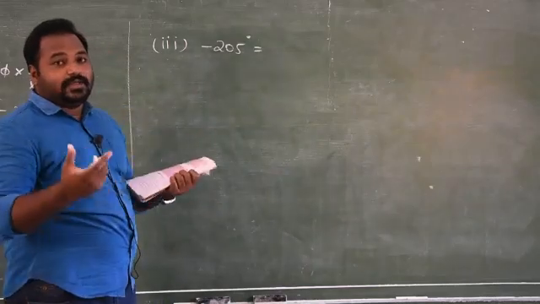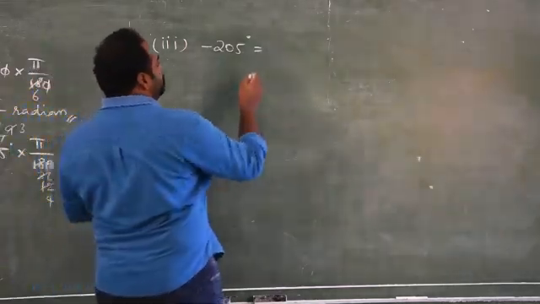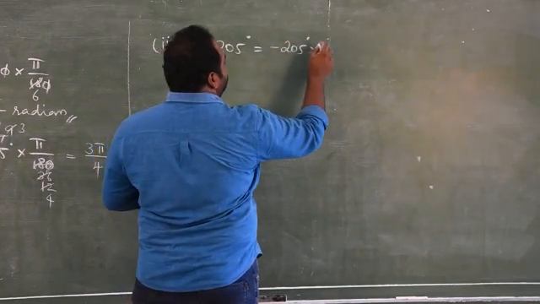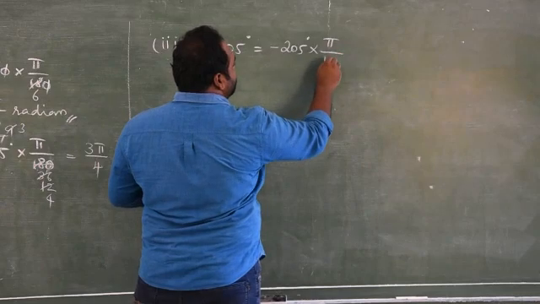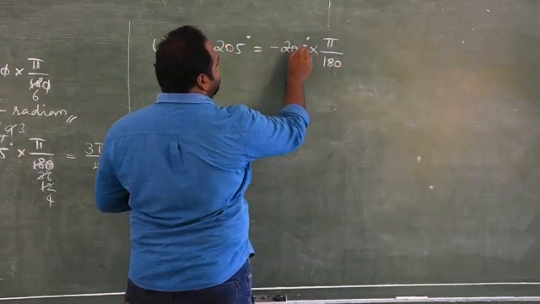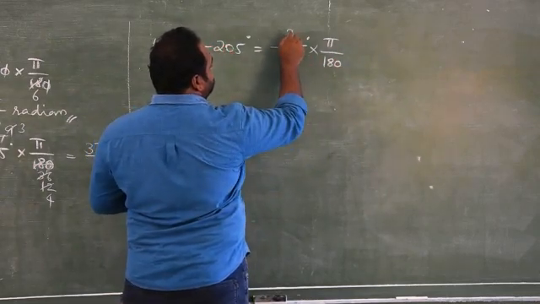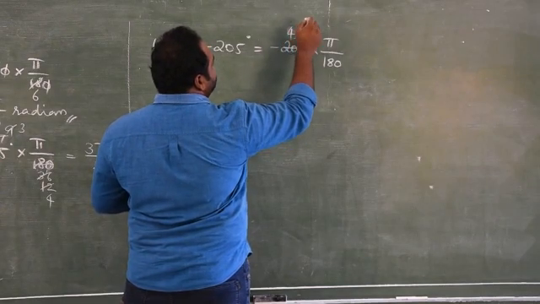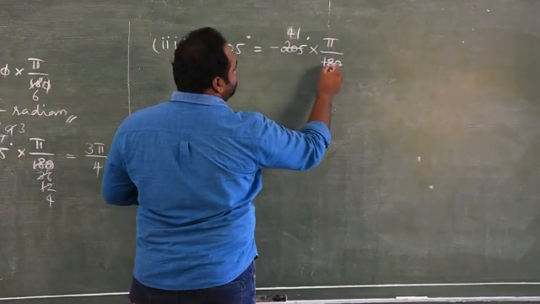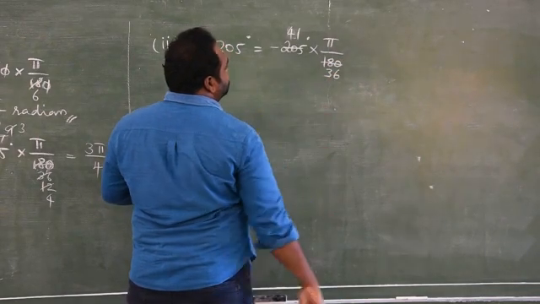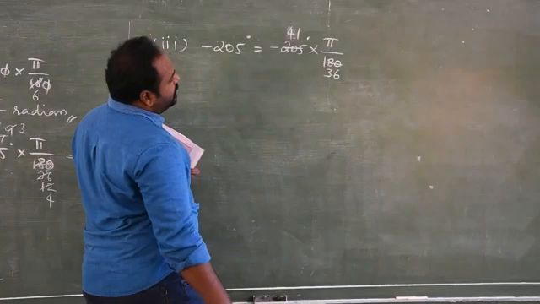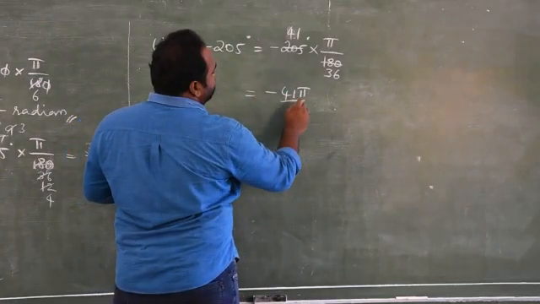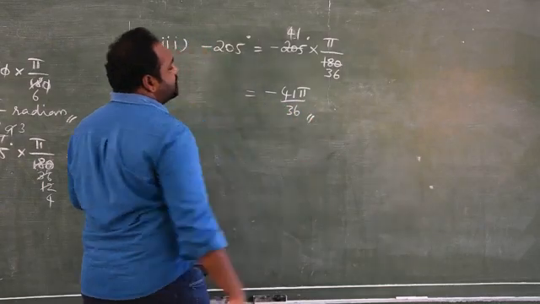Whatever sign you have, you have to put minus. 205 degree into pi by 180. So here 5 tables, 2 times, sorry, 4 times, 1 time here, 36 times. Here there is no cancellation hereafter, so keep it as it is, minus 41 pi by 36.